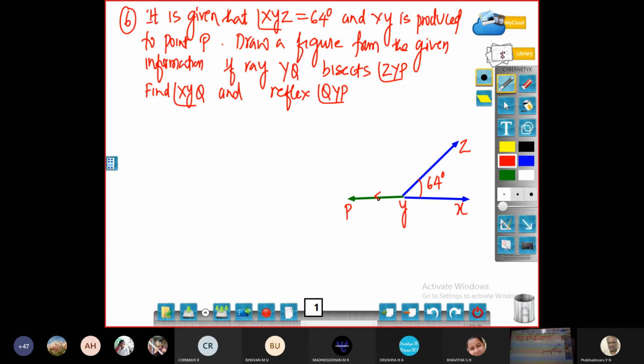Then YQ is the ray which bisects angle ZYP. So let us draw another ray which is bisecting the line, exactly in between.